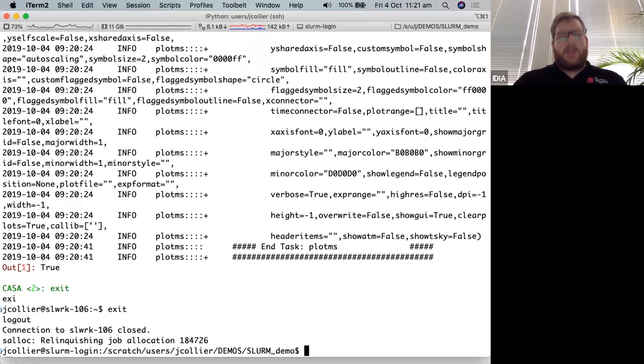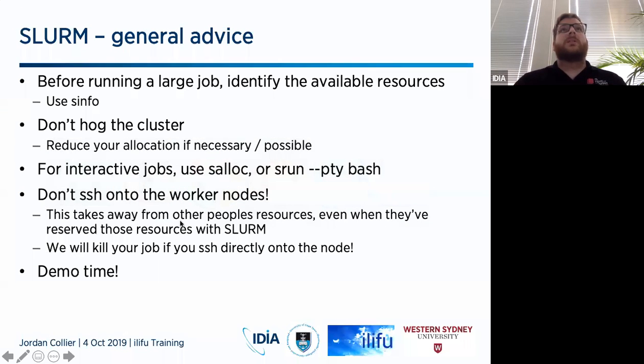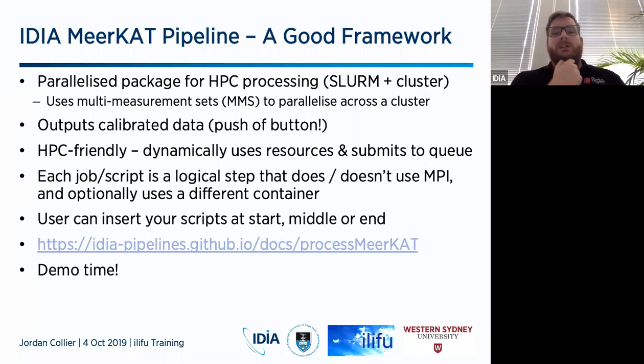Cool, so that's that. Next I want to just briefly, I think I have a slide for this, briefly mention the pipeline. So again, this is not so much something I want to demonstrate specifically for astronomy users, but rather the framework. So our pipeline, you can read all about it at this link. You can look at the docs, but essentially it's a parallelized package for high-performance computing processing using SLURM and our cluster.